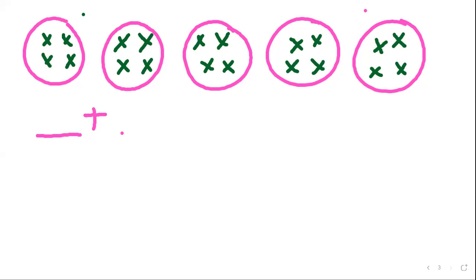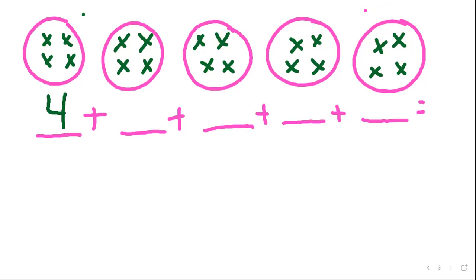So our first group plus our second group plus our third group plus our fourth group plus our fifth group is how many altogether? First group has how many? 4. My second group has 4. My third group has 4. You notice they are all equal groups.